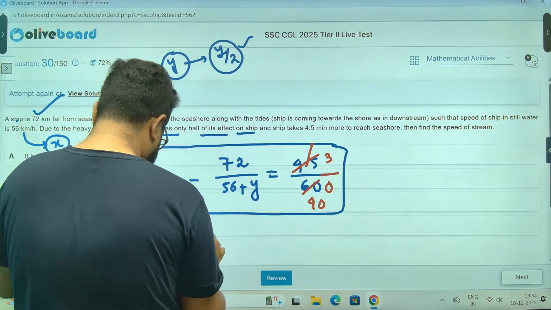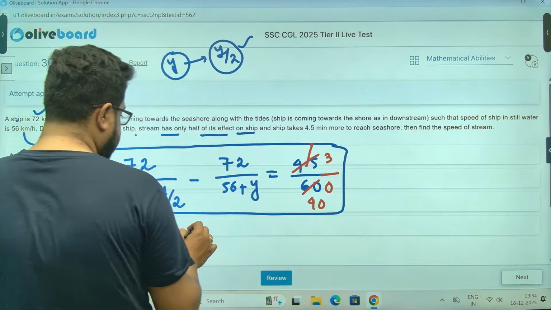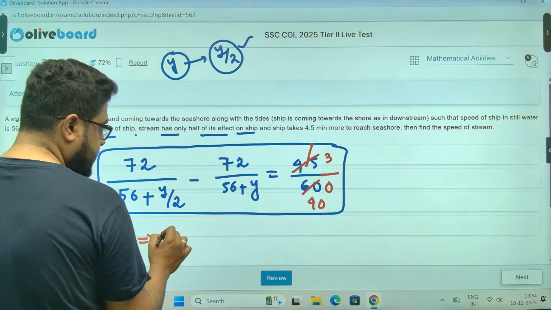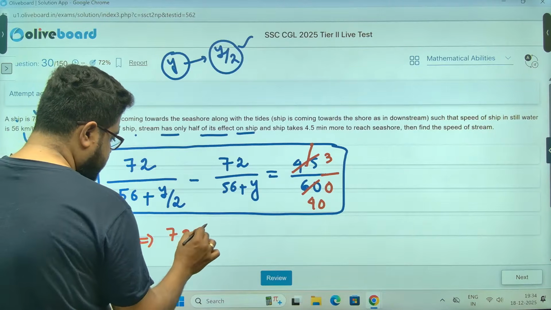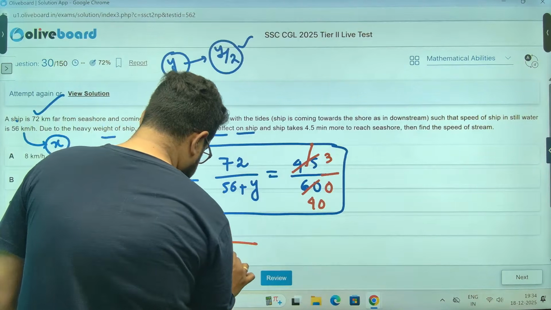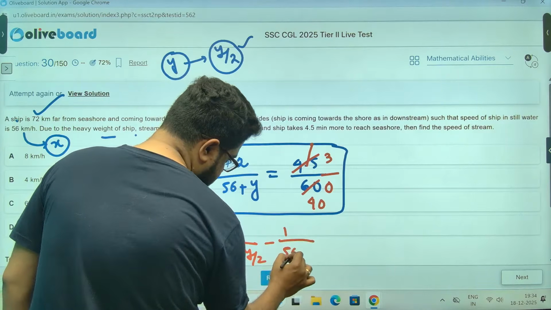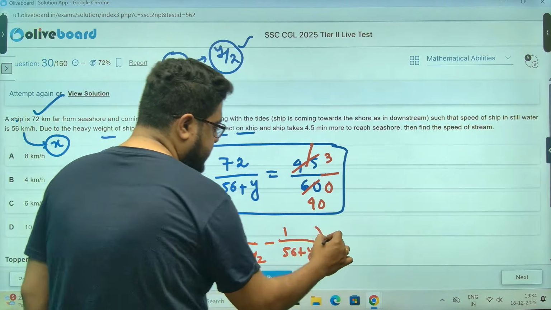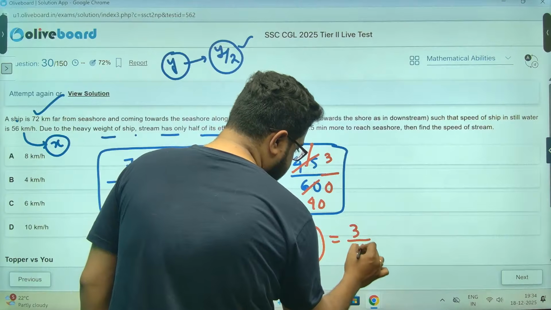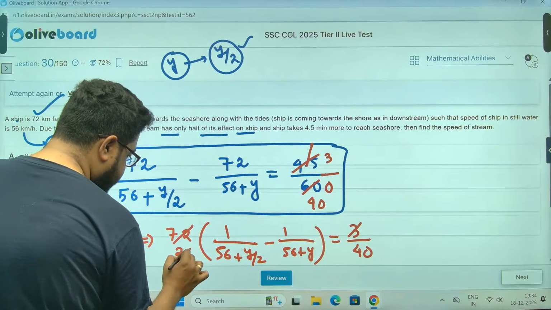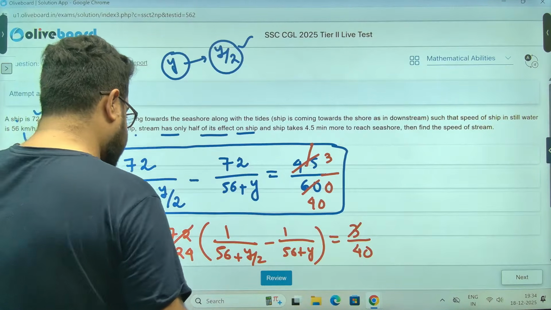So just do this. 72 is equal to 3 by 40. 324. Now you put the value.